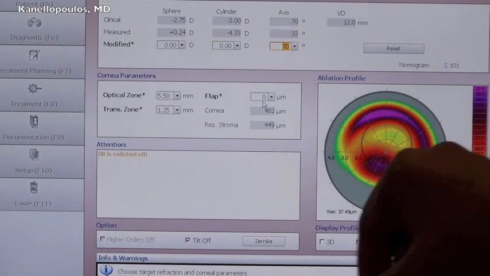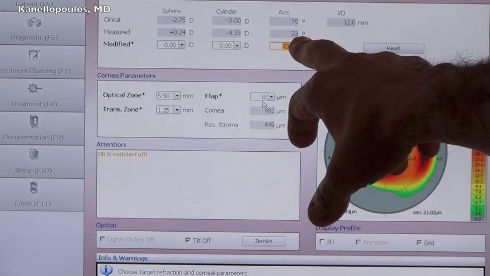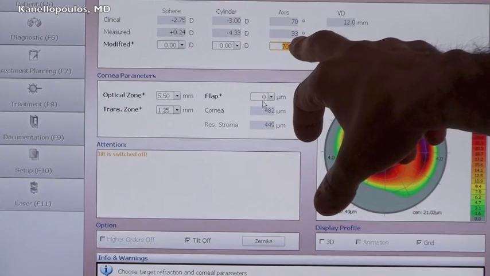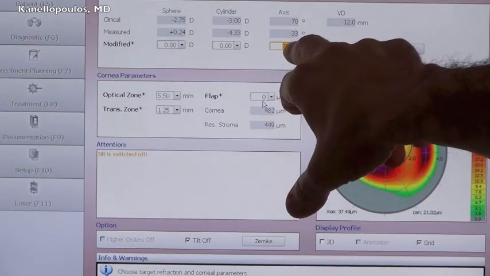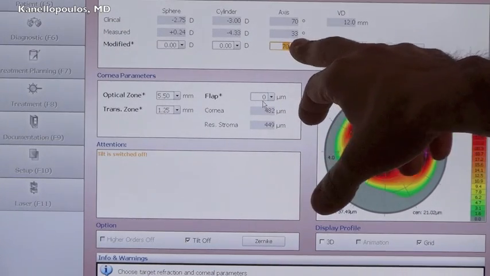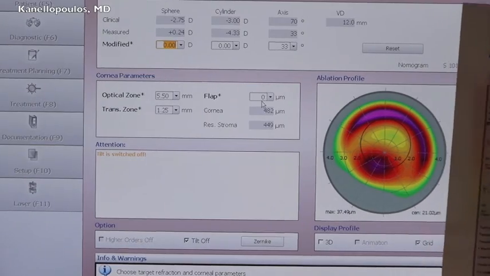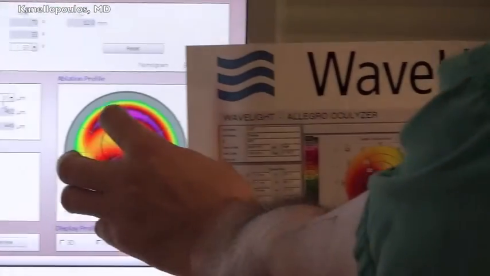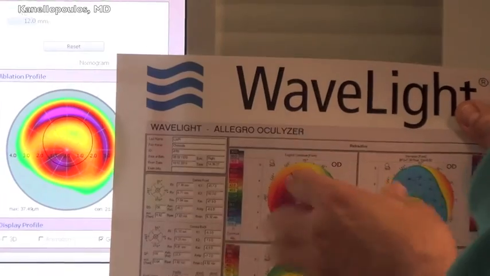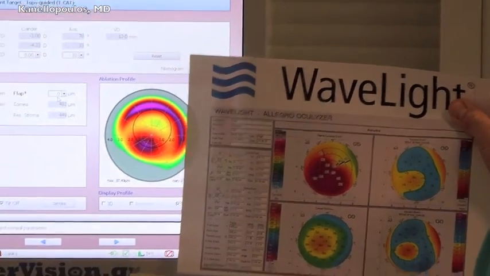And again, here you remember the axis from the pentacam was very close to the topography axis. This is 33. I think the pentacam was 34. So they're almost identical. So we're going to respect the topography axis. And again, we're seeing the exact same image, which fits, although this is placido-derived, fits with the pentacam-derived image.